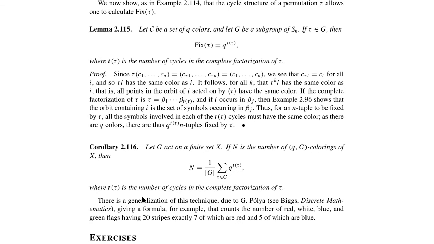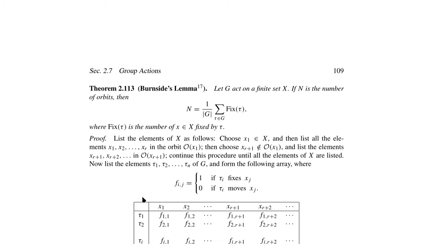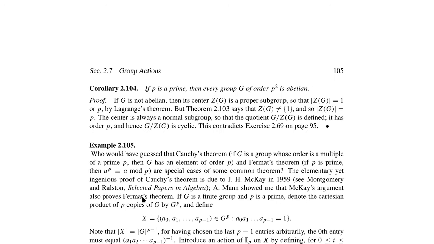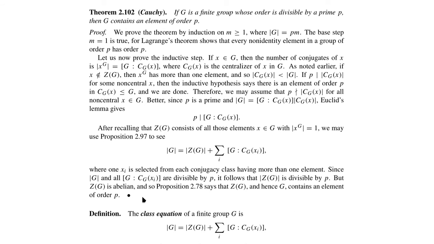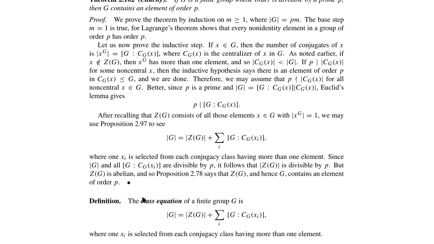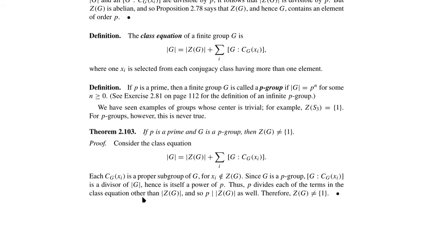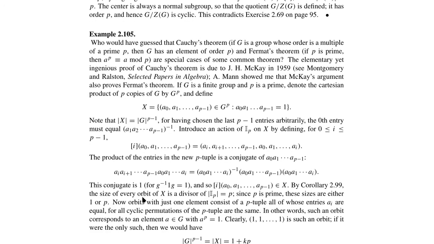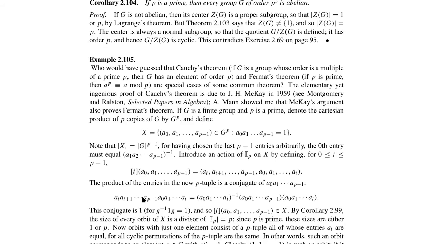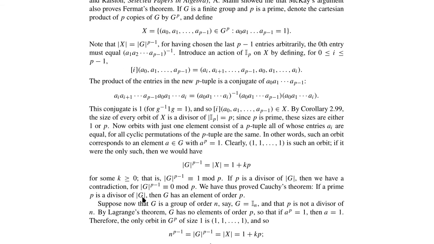Second proof of Cauchy's theorem. I mean, this was kind of satisfactory. It made sense. Ah, 2.105. So this Fermat's theorem is essentially that proof.